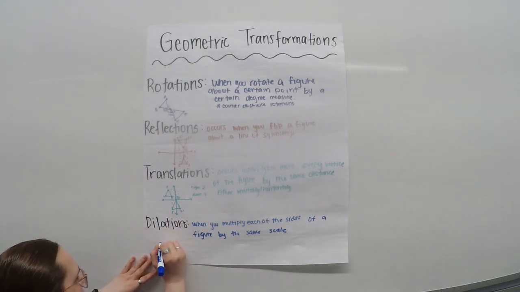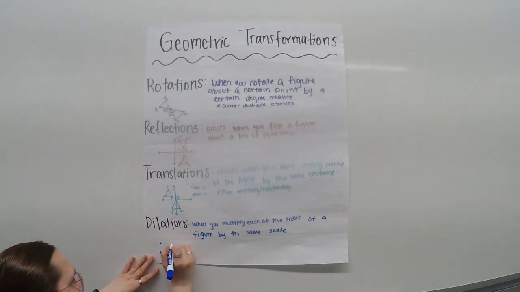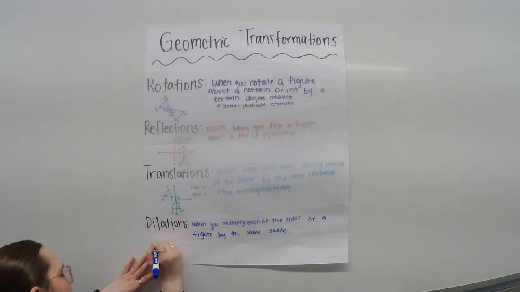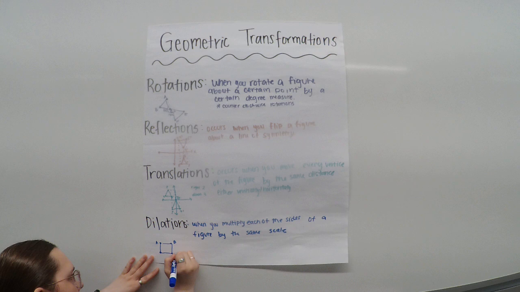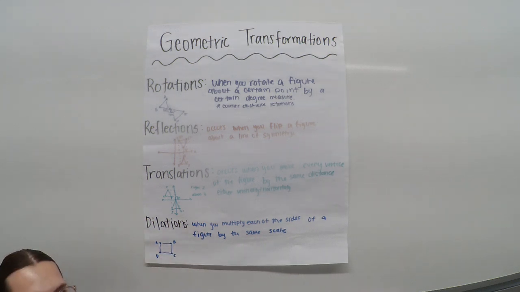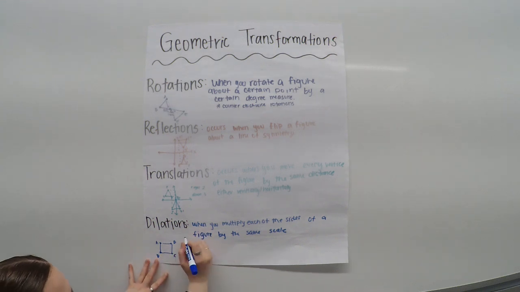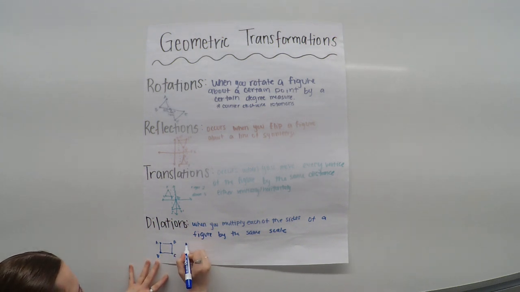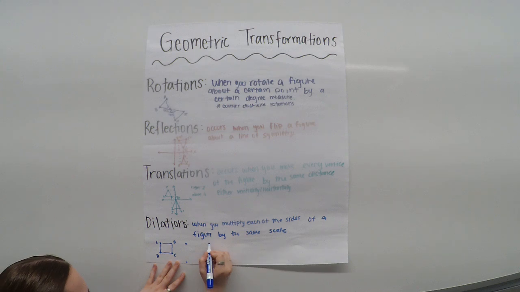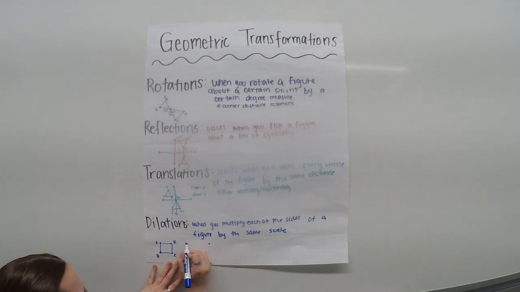So let's say this is my original, we're going to go with a square this time. So let's say I have square ABCD, and I multiply each of these side lengths by a scale factor of 2. Then that means that each of my side lengths are going to be twice as long. So I'm going to get this type of figure.